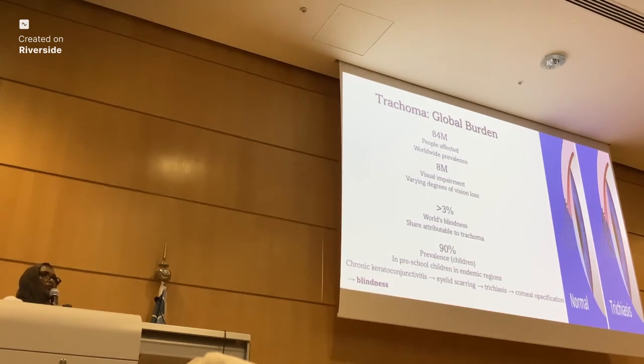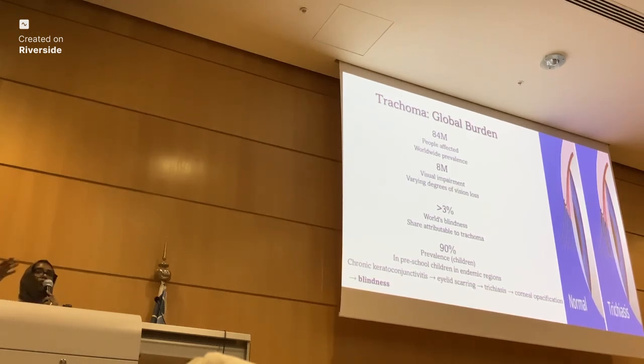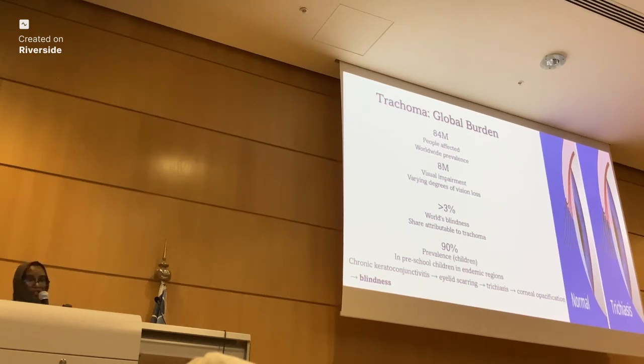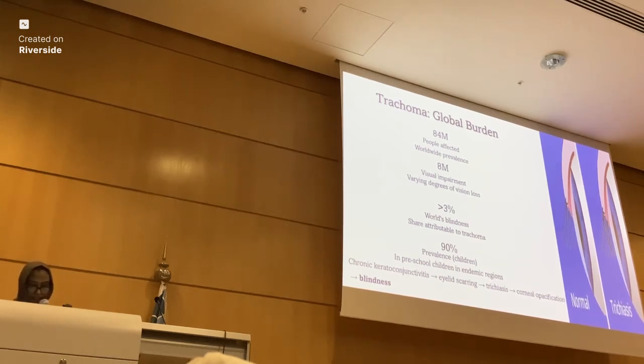Scarring means it could go into fibrosis as a normal pathological process. Because of this fibrosis, you get what we call trichiasis, where your eyelashes start to pull back in and touch your cornea, which is very transparent. That leads to opacification, and the result is blindness. It's a multi-step process, but the end result is very complicated: you lose your vision, which is very serious.